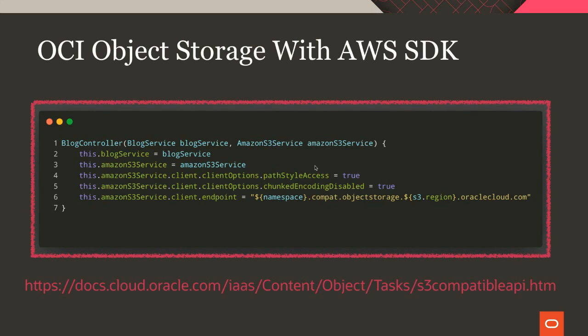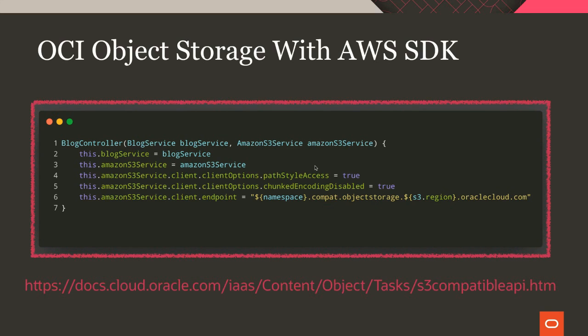In this case, the only thing I had to add was the client options to set path style access to true, to set chunk encoding disabled to true, and then set the endpoint to this OCI Object Storage compatible endpoint. And that was all I had to do in my blog code to make the change so that new images get uploaded to the proper location in OCI.